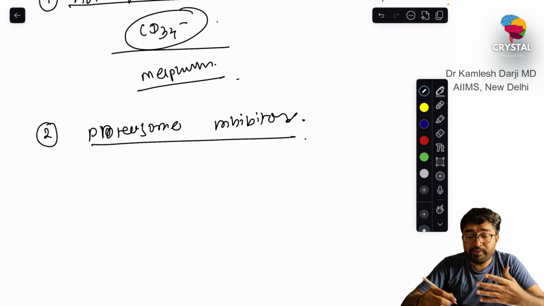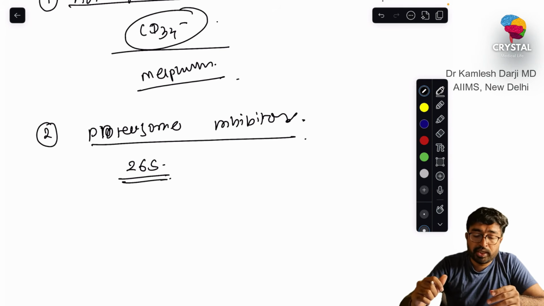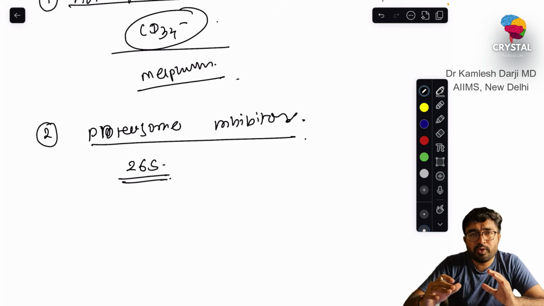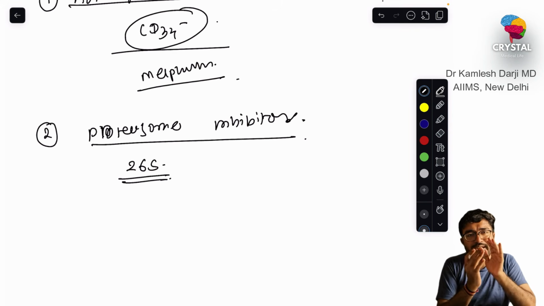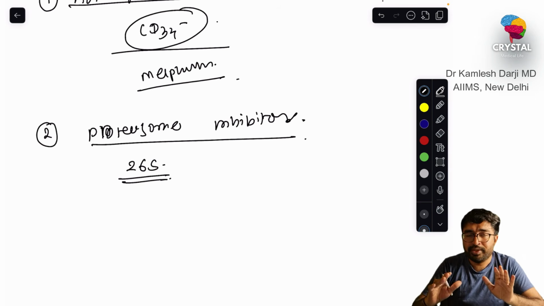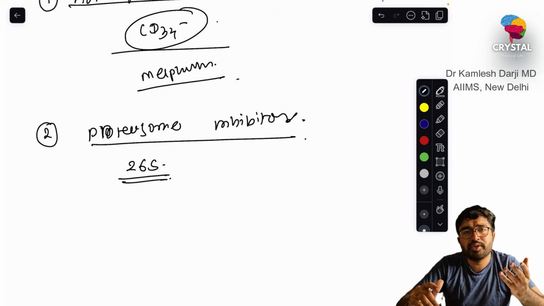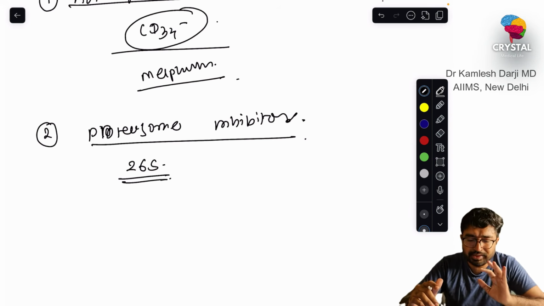So we are giving the 26S proteasome inhibitor, here bortezomib, and this drug will cause obstruction at the proteasome level, so no misfolded protein will get cleared, and this will cause the apoptosis of the plasma cells and they will die by this drug.